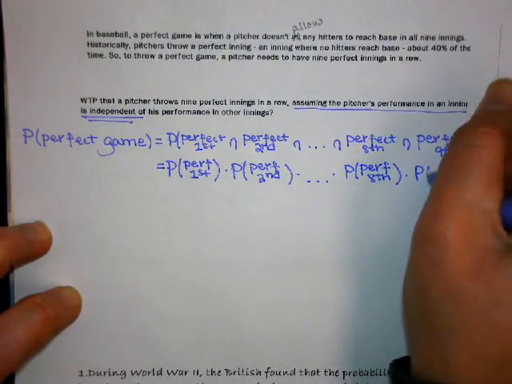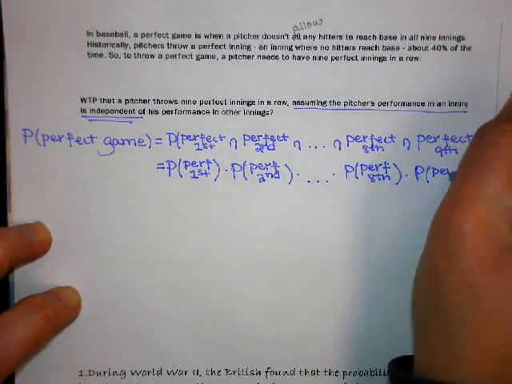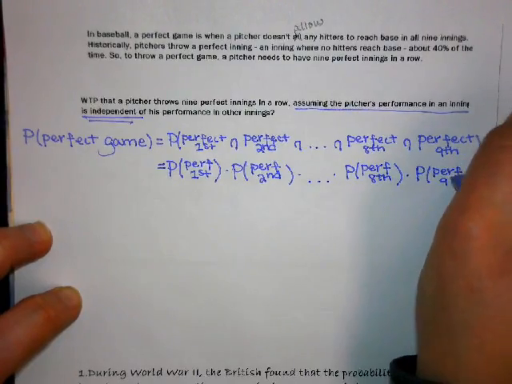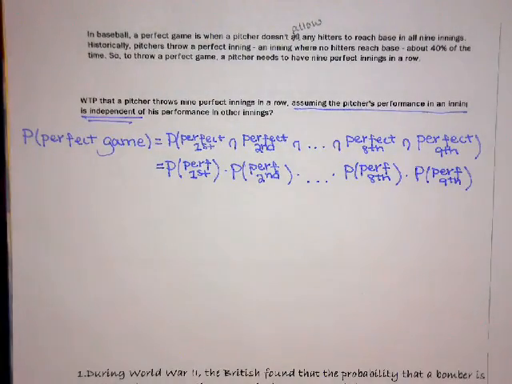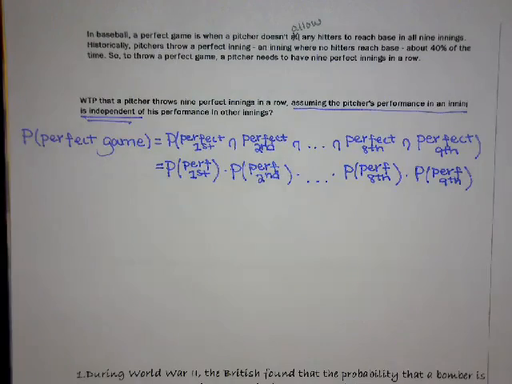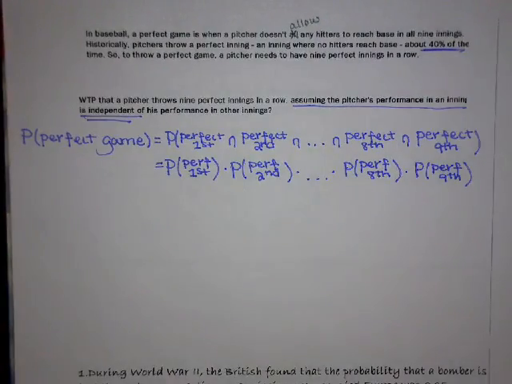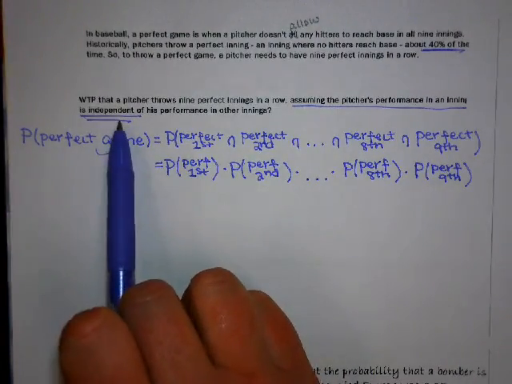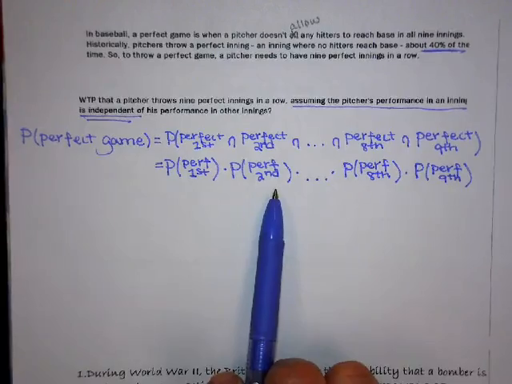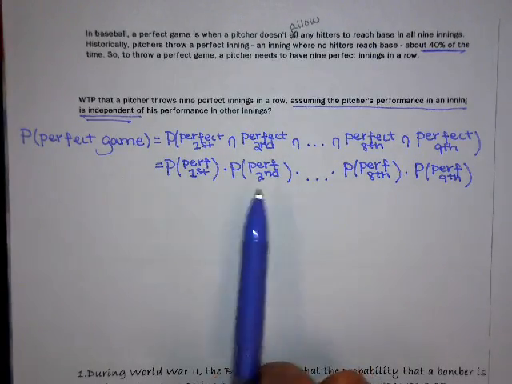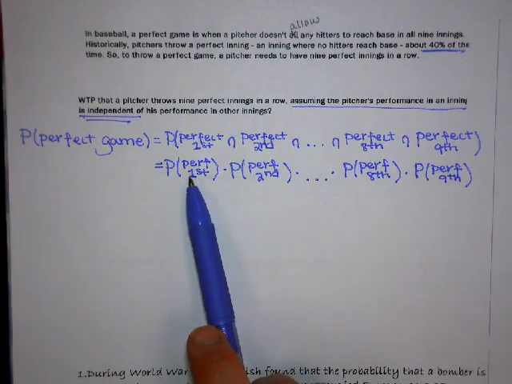The probability that an inning is perfect is 40% of the time, and we can assume that the probability the second inning is perfect has not been affected by the first inning being perfect. So that means each of these is 0.4.